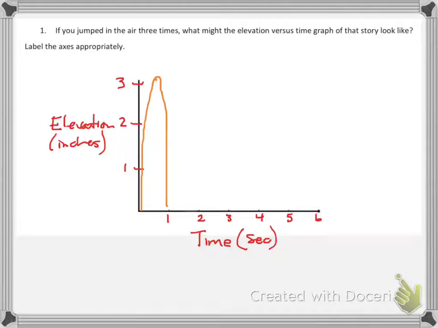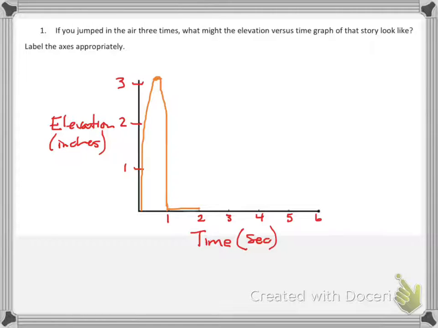Oh, close. Where I quickly gain elevation at the beginning, but as I get to the top of my jump, I slow down until I reach the peak here. And then I slowly start to fall back to earth and pick up speed as I get there. And then for a second, I'm just going to stay on the ground. So like that.